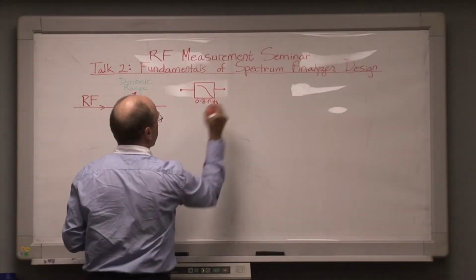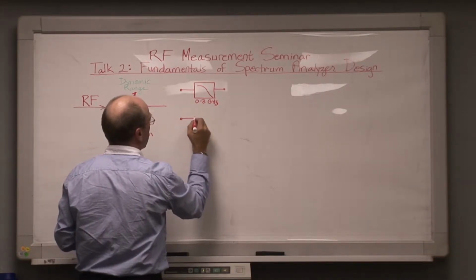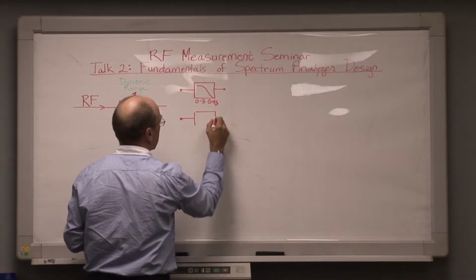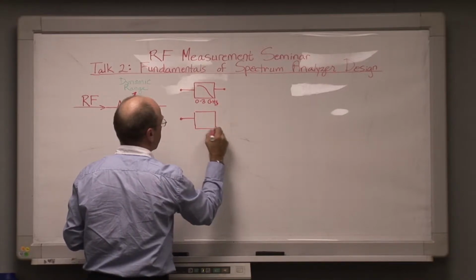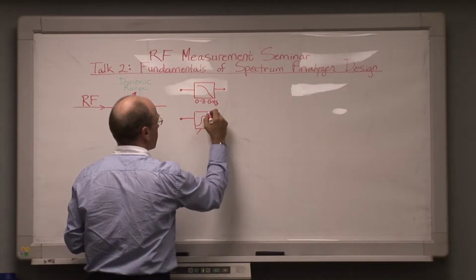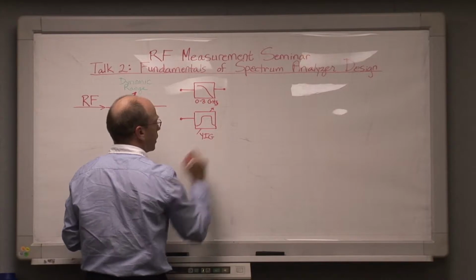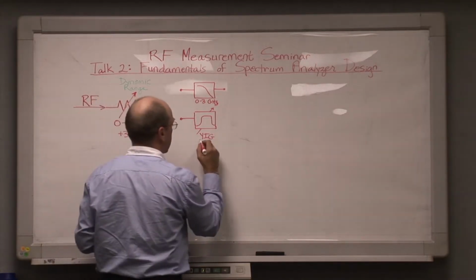Or, if we're working at higher frequencies, we can run through a tunable bandpass filter, which we'll draw like this with an arrow to show that it's tunable, which is generally based on yttrium iron garnet, YIG technology.